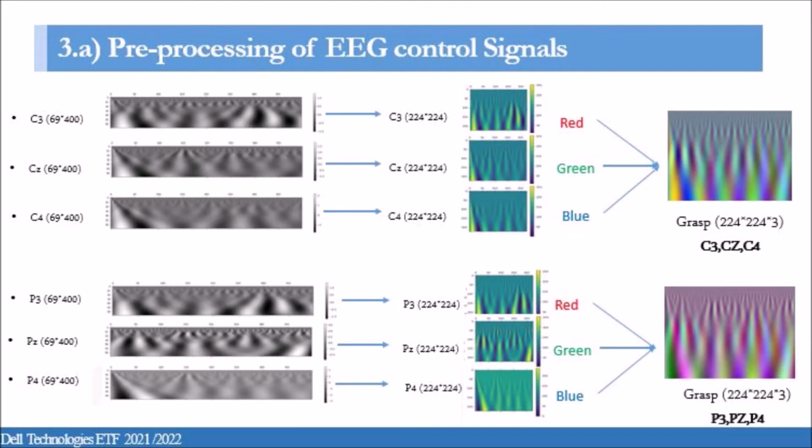Each of the 6 electrodes will produce a scalogram in grayscale format, and then we concatenate each of the C3, CZ and C4 electrodes of the same class to form an RGB image of size 224 times 224 times 3. In the same way, we produce other RGB images from P3, PZ, P4 electrodes. So, in total, we have more than 5,300 scalogram images generated for each single class of the dataset.